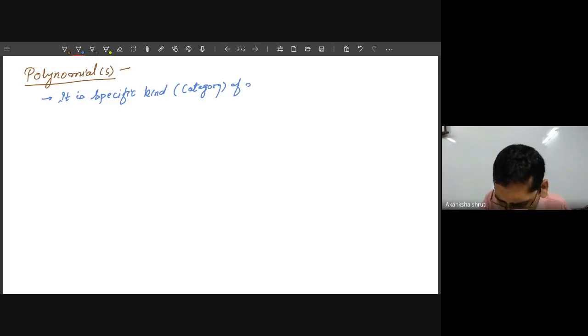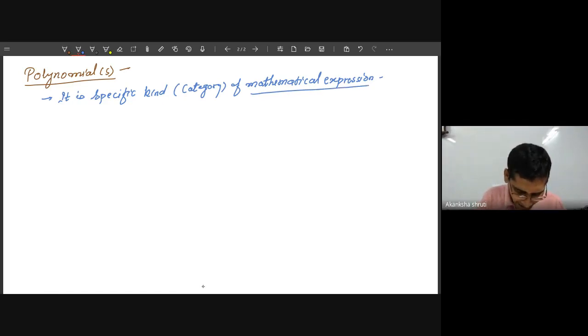So all mathematical expressions cannot be polynomials. Let me first take an example so that you can understand what we mean by polynomial and when a mathematical expression becomes a polynomial.